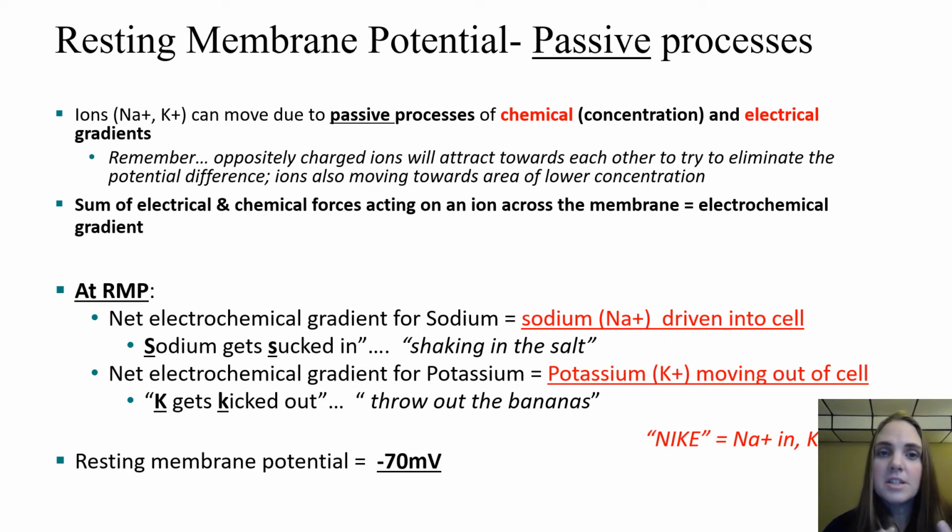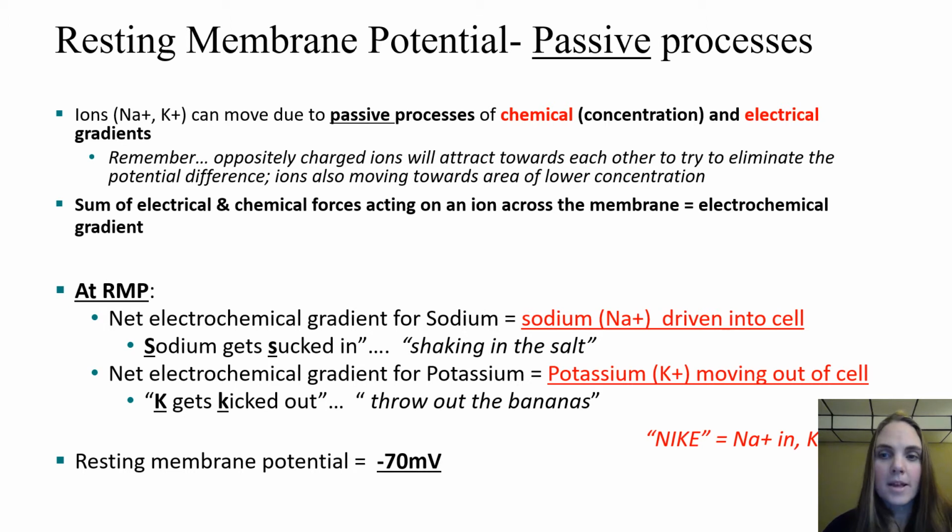The sum of the electrical gradient, the ions being attracted towards the area of opposite charge, and the chemical forces moving along the concentration gradient toward an area of lower concentration, when we add those two forces together, we end up with the electrochemical gradient.